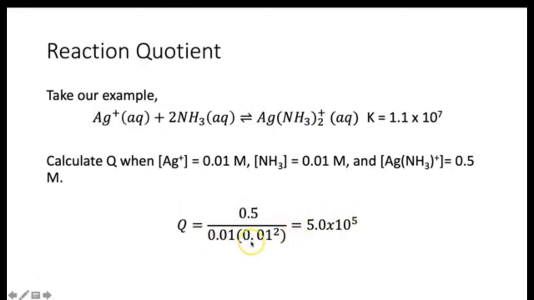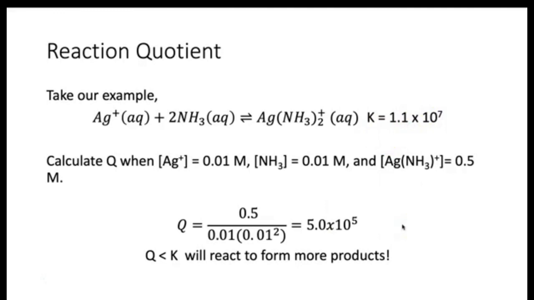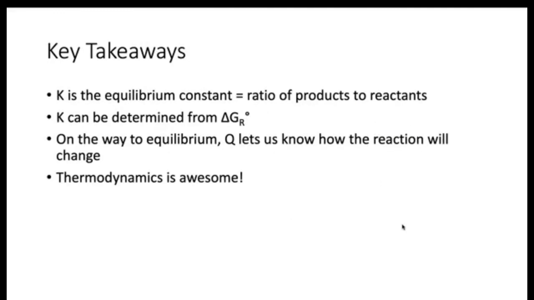If we multiply all of those out, we end up with 5 times 10 to the 5th, which is very large. But it's still less than K, because remember it's 1.1 times 10 to the 7th, so it's smaller than this. And so this is going to react to form more products. We're still going to reduce our silver and ammonia concentrations to get more products. So the reaction quotient tells us the direction of the reaction.